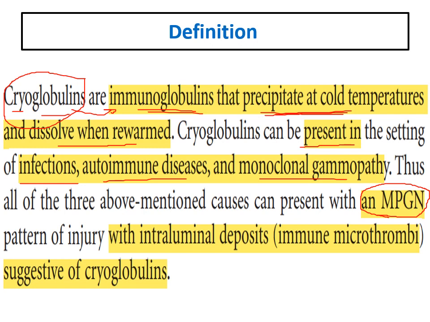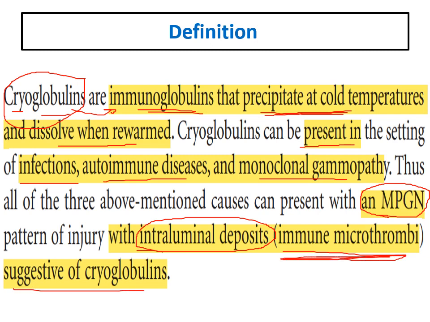What is characteristic for cryoglobulins is the presence of intraluminal deposits, immune microthrombi. This is very important. When should I suspect cryoglobulins? If the renal biopsy shows MPGN, membranoproliferative glomerulonephritis, with intraluminal deposits suggestive of microthrombi from cryoglobulins.